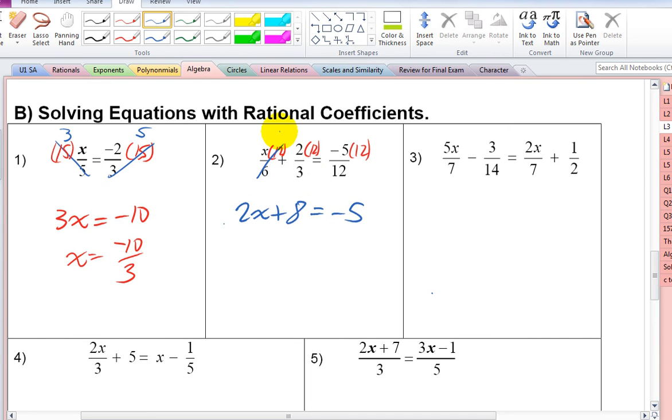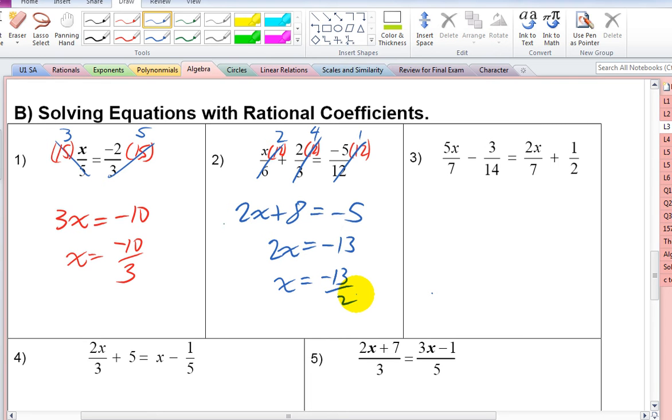So cancel and multiply. Move the plus 8 to the other side by subtracting. Negative 13. x is negative 13 over 2. Okay. We're going to be getting some better numbers later.